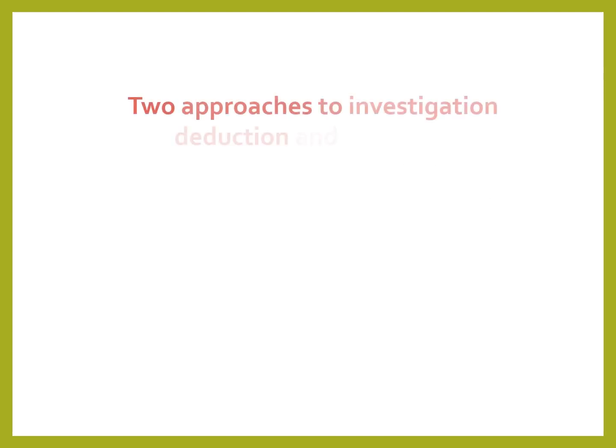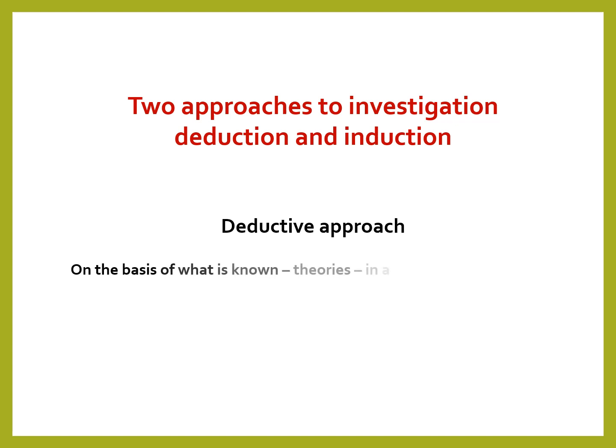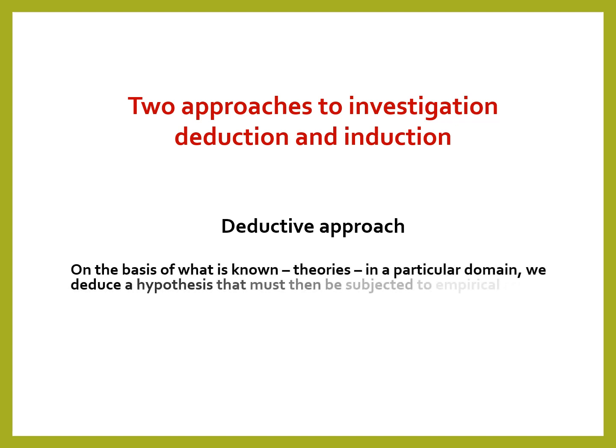We now move to present two different approaches to investigation, deduction and induction. That is, given a particular subject, we can choose to go through two different ways in the sense of how we want to approach the investigation itself.